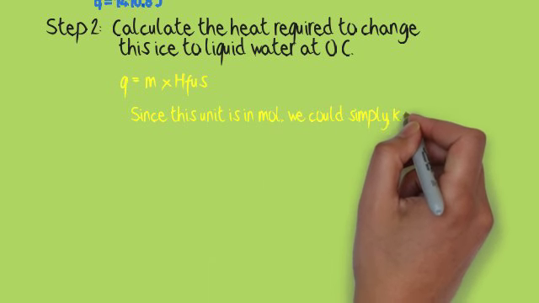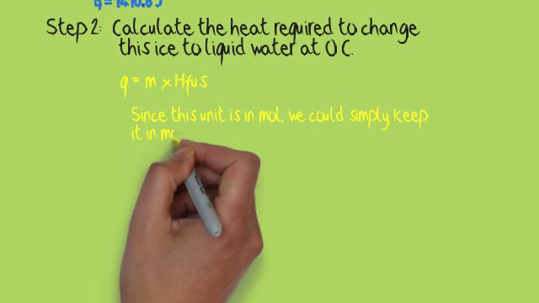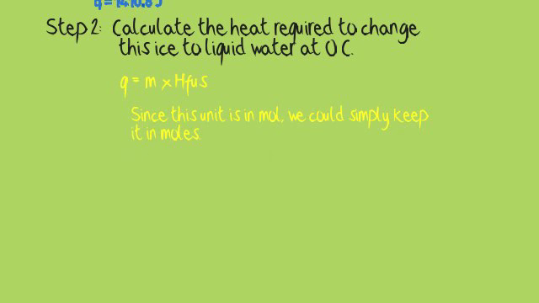We can just simply use the 1.5 moles. So plug it in. And Q equals 9.015 kilojoules. No, one's in joules, one's in kilojoules. You'll have to adjust at the end.